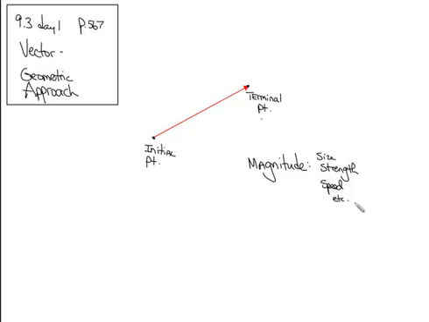So the length of vectors is very, very important. If you have a vector representing a force of 2 newtons, it might look like that, but a vector with a force of 4 newtons would be twice as long. So this might be a force of 2 newtons, and this may be a force of 4 newtons. The length is very, very important.